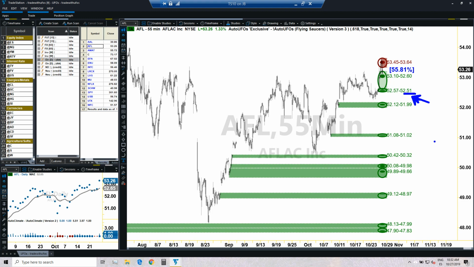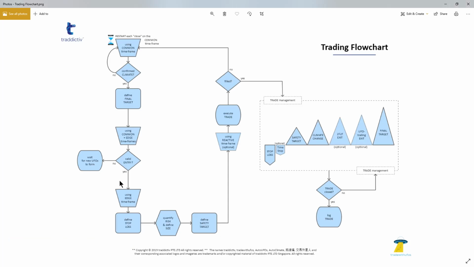With options, if you follow the longer term sessions, you could execute without the use of stops, which gives you more flexibility to be wrong, especially given that stocks are a fragile asset that depends on sectors, indexes, etc. But if you were to trade the stock by itself, then your stop needs to be 52.50. That would be the location for the stop.